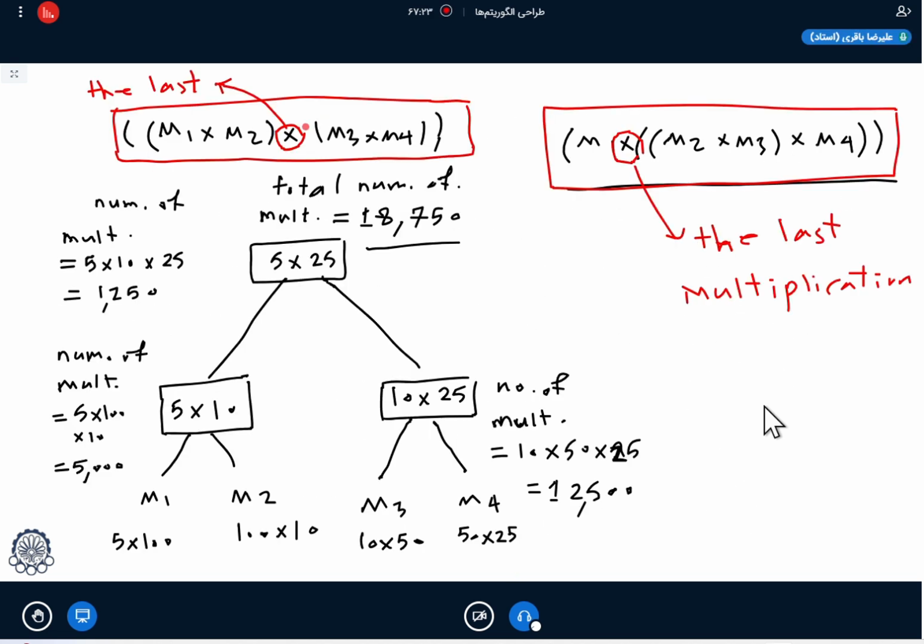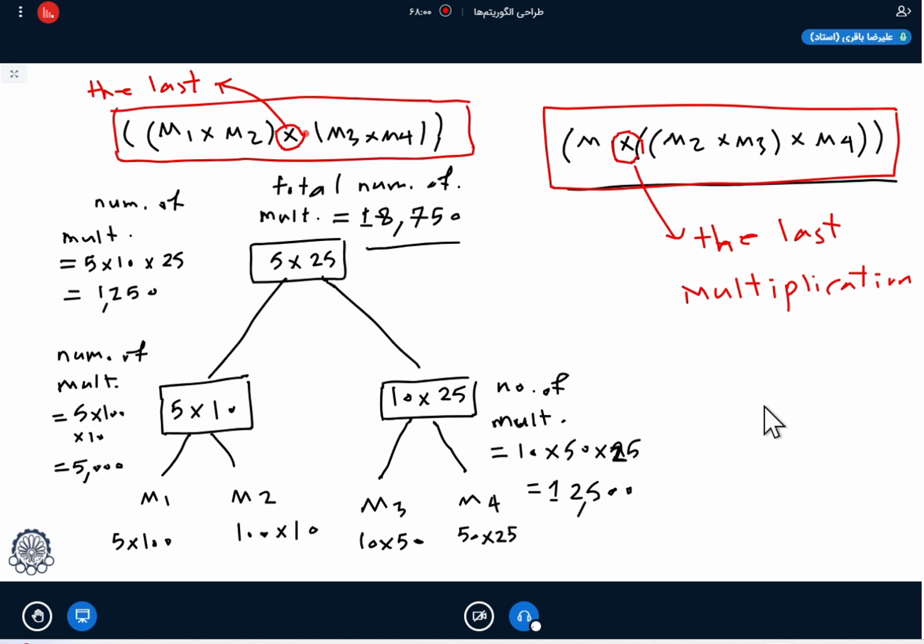As I told before, in any parentheses, one of the multiplication operations is the last. For example, in the left side parenthesis, the last multiplication is this one, because the last operation that is done is this. In the right side, first you do this multiplication.